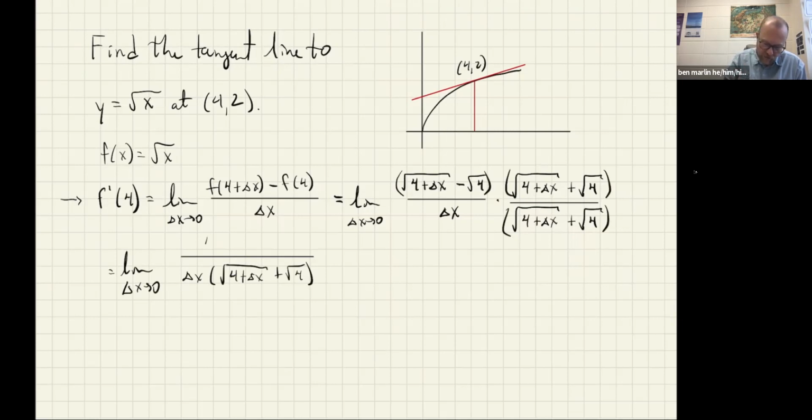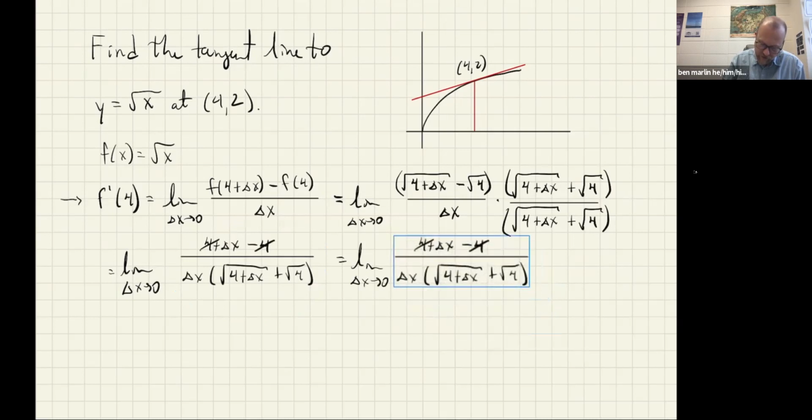And now we will have 4 plus delta x minus 4. It's a difference of squares then. The 4's will cancel. And now we have a limit as delta x goes to 0. Downstairs, it will be delta x. I will just take that thing that I had right there, copy it, paste it, put it over here.